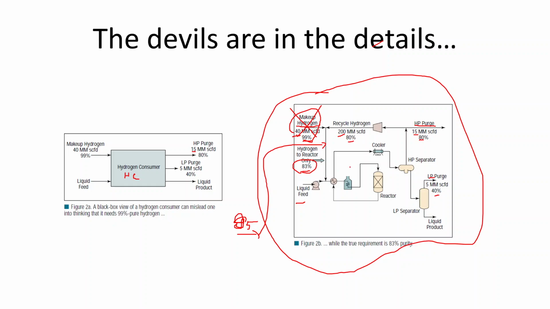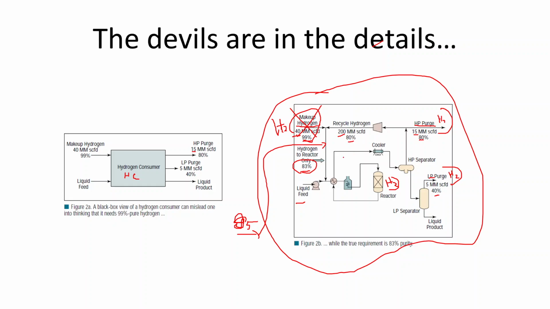And I mentioned to you the hydrogen balance: the hydrogen coming in is the hydrogen consumed in here, the hydrogen removed over here, and also the hydrogen over here, right? So this 1, 2 plus 3 makes this hydrogen makeup. That's basically what this is.